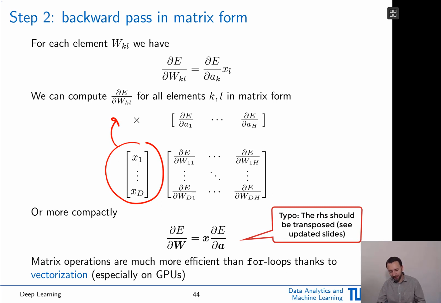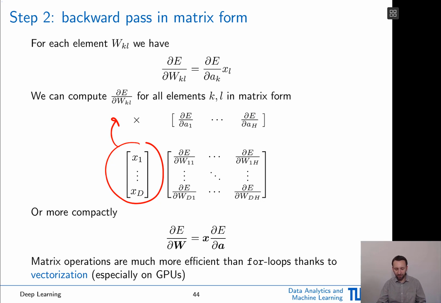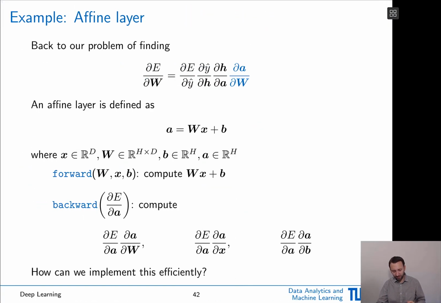So if we take this vector here, this Jacobian or global derivative of A, we see that we have E with respect to A_1 up to E with respect to A_H, because this is what we assumed is given as an input. Let me scroll back to make it clear. Right here we assumed we have E with respect to the vector A given as input.